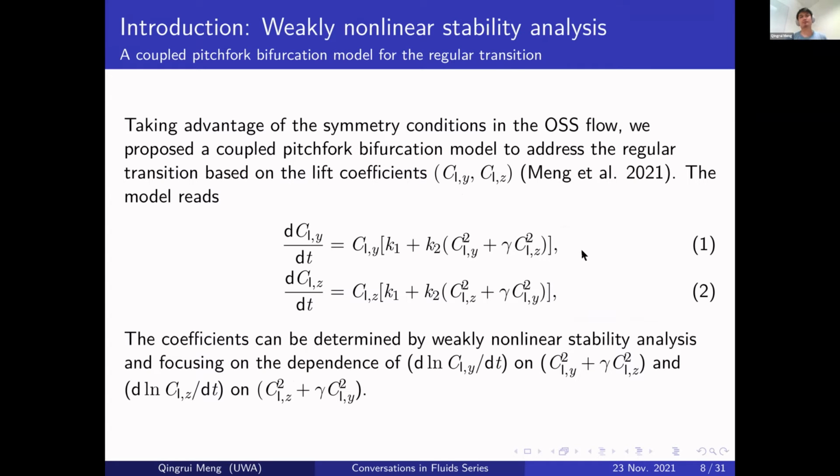We were interested in the regular transitions, so in our previous work we did a weakly nonlinear stability analysis for the regular transition.